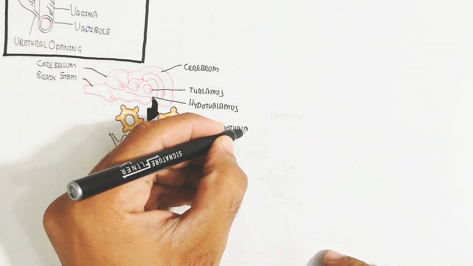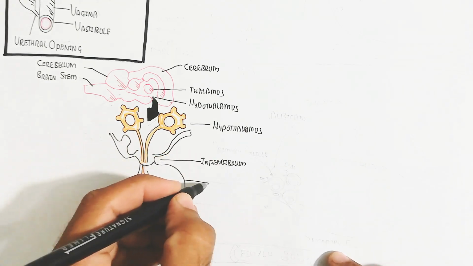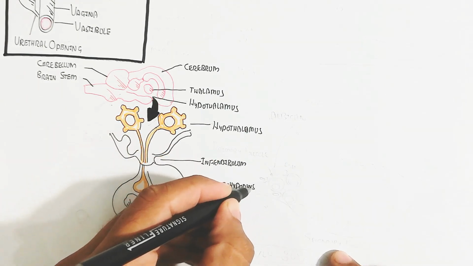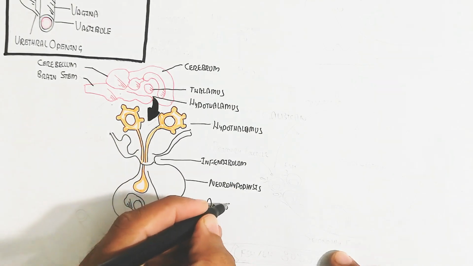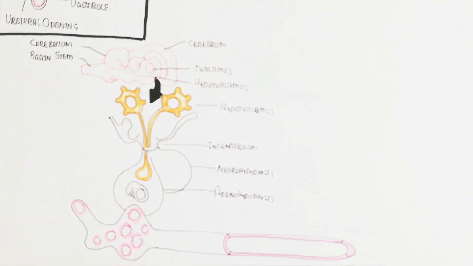This is the hypothalamus, which contains nerves and neurons that stimulate the pituitary gland to trigger the production of hormone into the blood circulatory system, known as the neuroendocrine system.